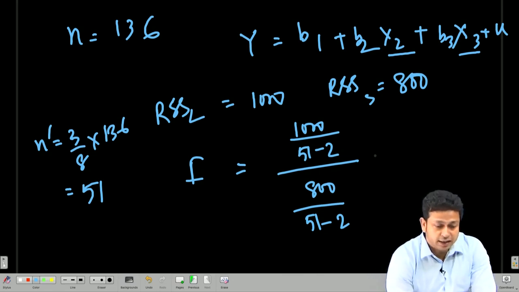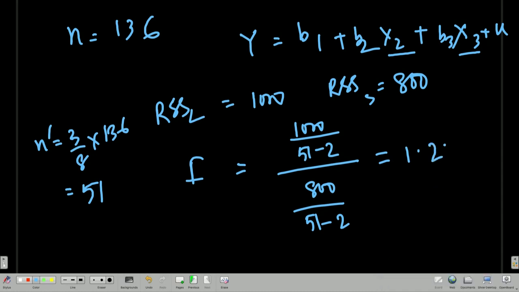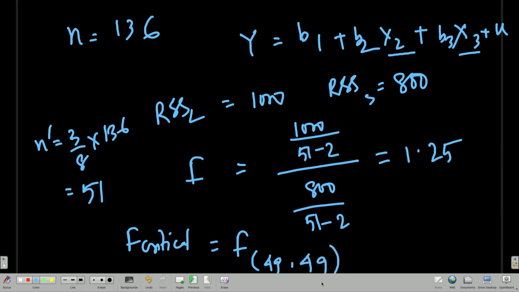So essentially what I get is 1.25. That's my F calculated. Now I have to get my F critical, and the degrees of freedom for F critical is F 49. In both cases I have the same degrees of freedom, which is 49 here. Now how do I obtain this?